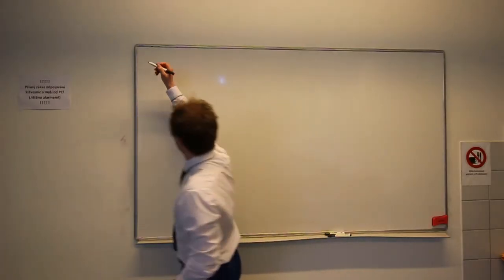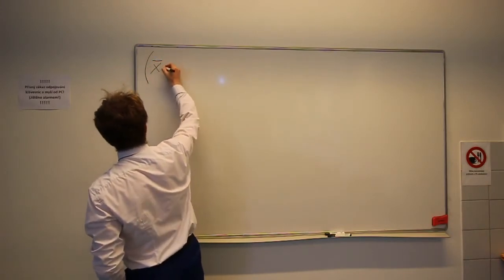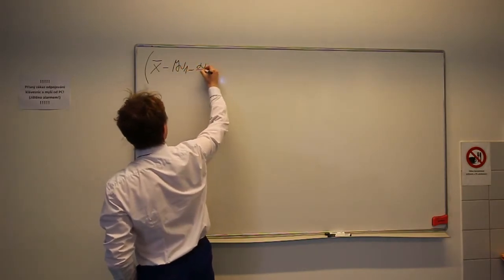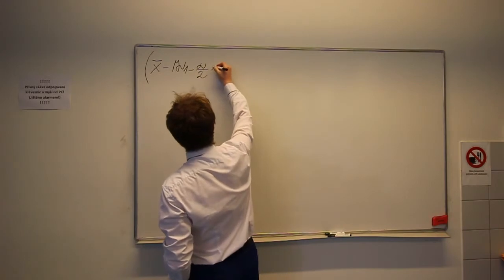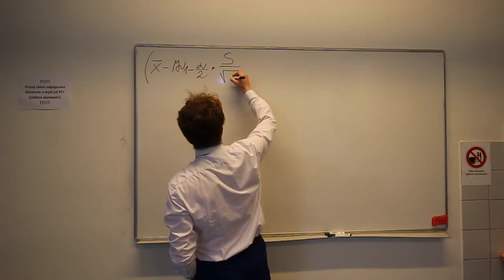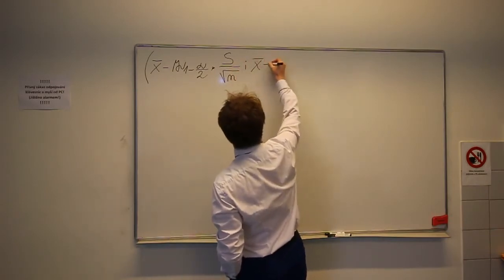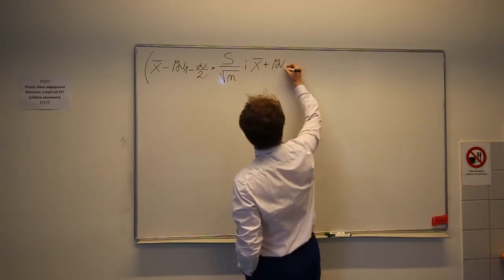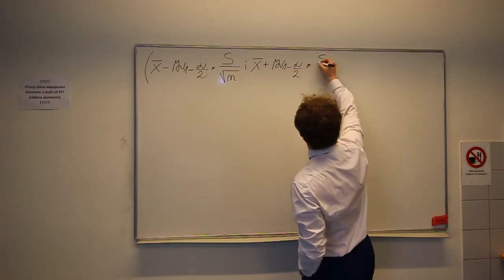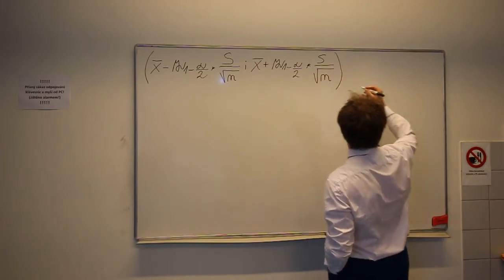So the general formula: X with stripe minus Z 1 minus alpha divided by 2 times standard deviation divided by square root of the sample size, and the right side, X with stripe plus Z 1 minus alpha divided by 2 times standard deviation divided by square root of n.